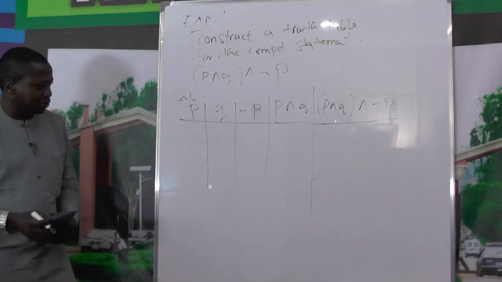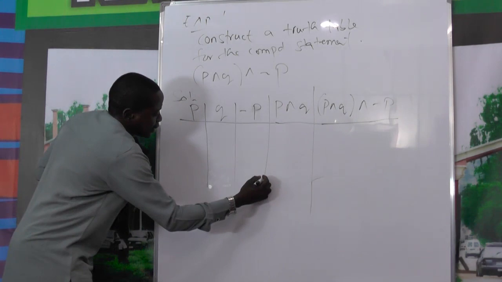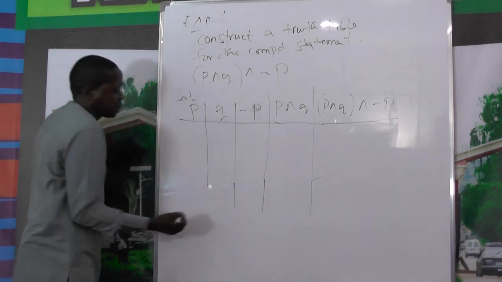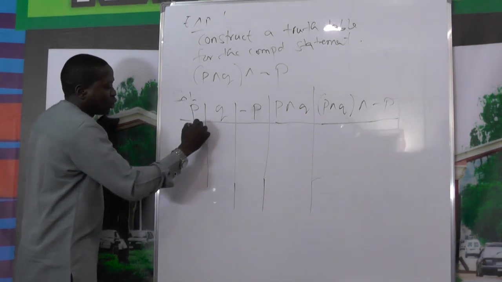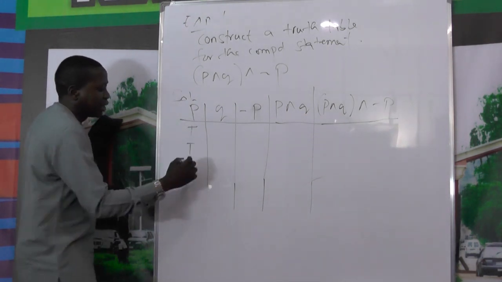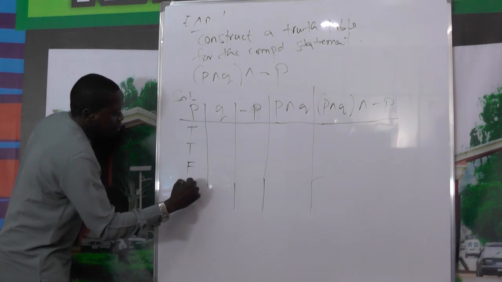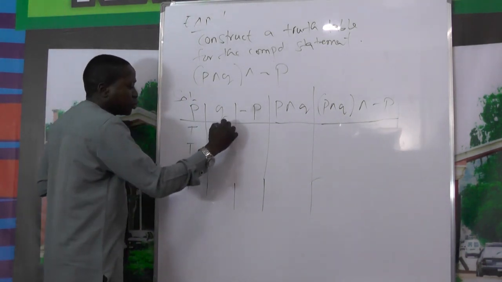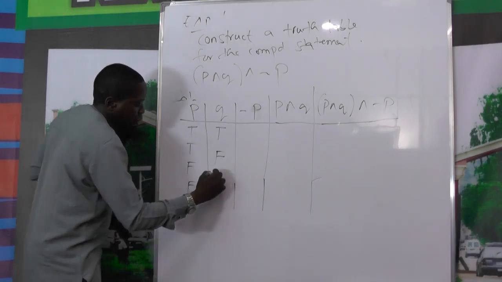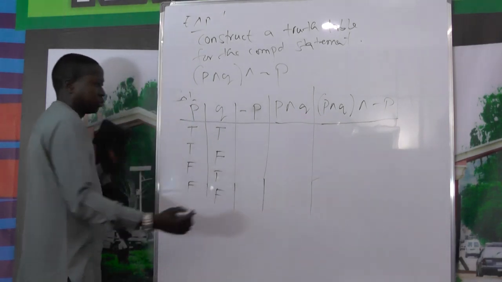So now let's fill. Like I told you earlier, if you are dealing with two statements, this P and Q are constant. Like you have true here, you have T here, you have false here, you have false here. And this one here, you have true, you have false, you have true, you have false.